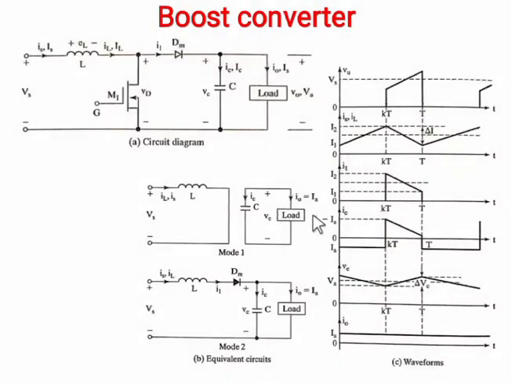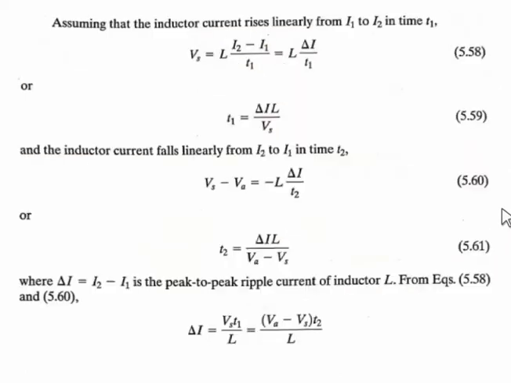Now we derive all the equations like inductor current IL, output voltage, capacitor voltage, ripple current, ripple voltage, step by step. So if we assume the inductor current rises linearly from I1 to I2 during time t1, this time t1 is the turn on time.